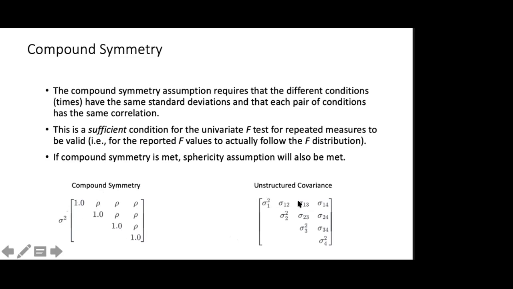For unstructured covariance, you can have different variances, different standard deviations for each of the conditions, and the correlations can be completely different. So you can have unique correlations between condition 1 and 2, condition 1 and 3, etc. There are no constraints; they just have to be finite numbers.